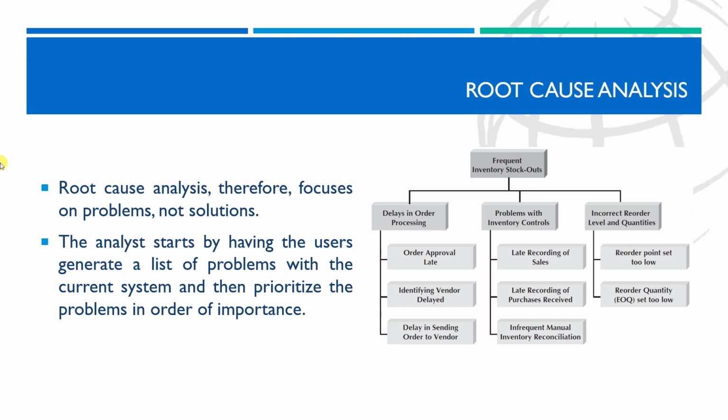But sometimes using a hierarchical chart to represent the causal relationships helps the analyst. As the example shows, or you can look at the image in the slide, there are many possible root causes that underlie the high-level cause identified.